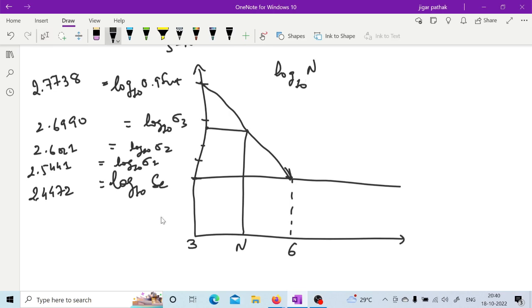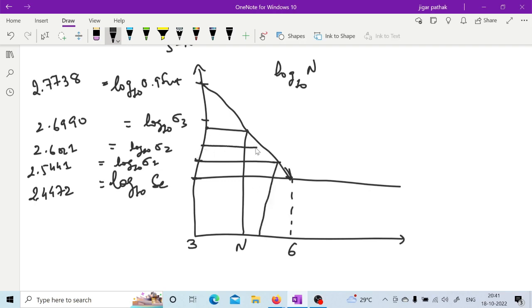So you need to first have that generalized equation of this log 10 n. Or if you don't want to have that generalized, then whatever sigma 1, sigma 2, sigma 3 you have plotted, you can directly take from here and then from here. Are you getting?